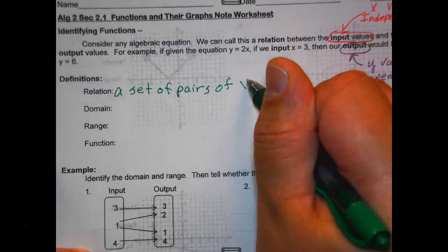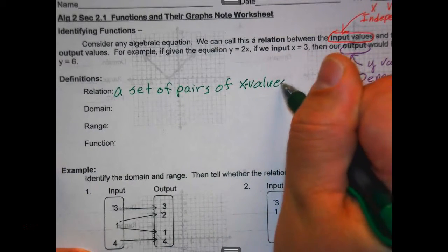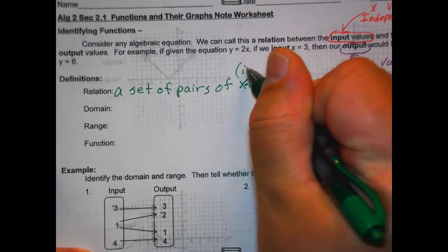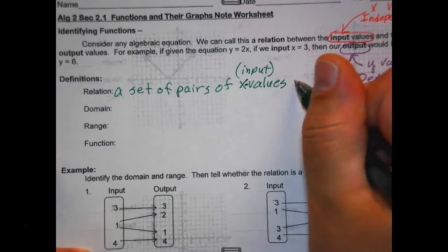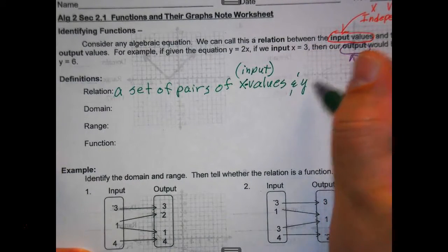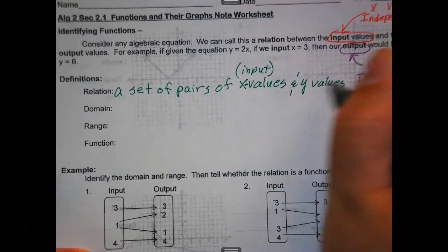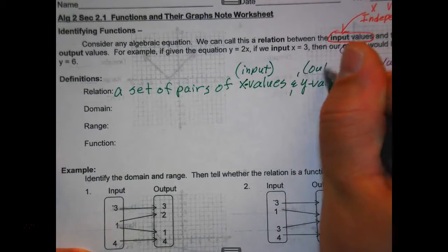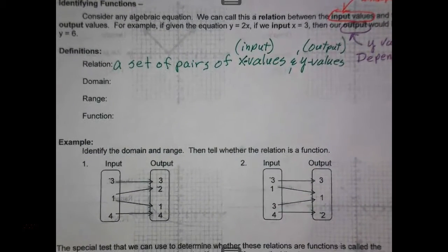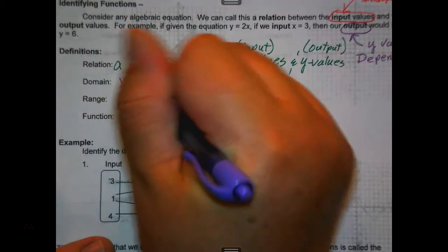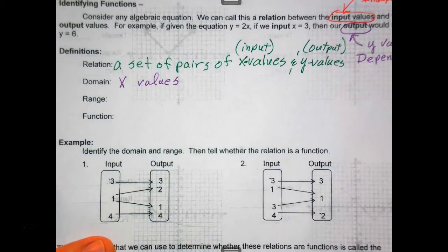Your x values, or your input values, or your independent variables, and your y values, or output. What's the domain? X values. What's your range? Y values.